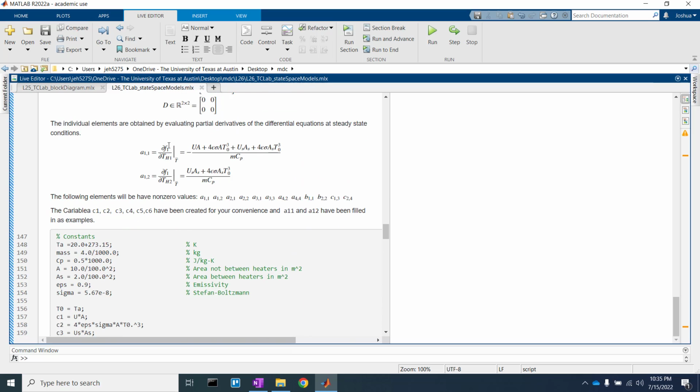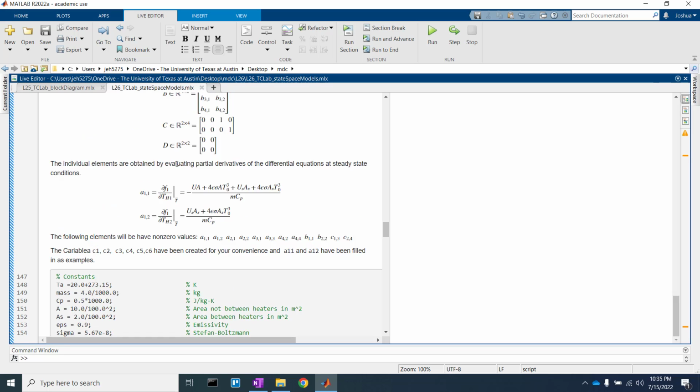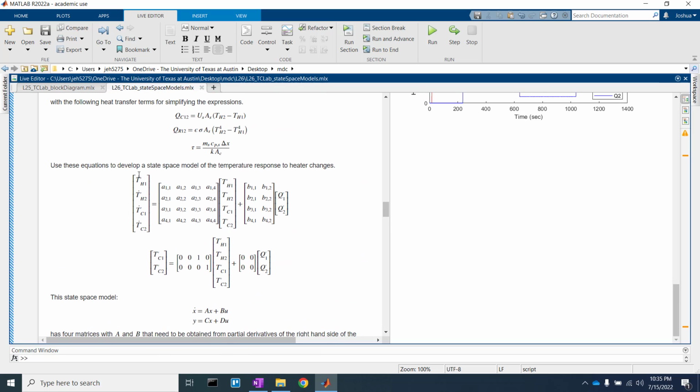Here's our differential form. Derivative of the function with respect to TH1, temperature of H1, at some T is equal to, so let's come up here just so hopefully we can see this, derivative of the function with respect to TH1 is going to be our A1 relationship. So the function here is going to be this F1, which is our H1.